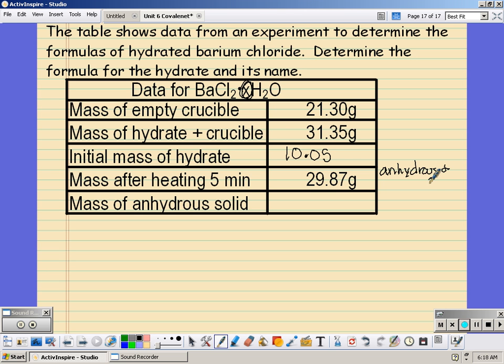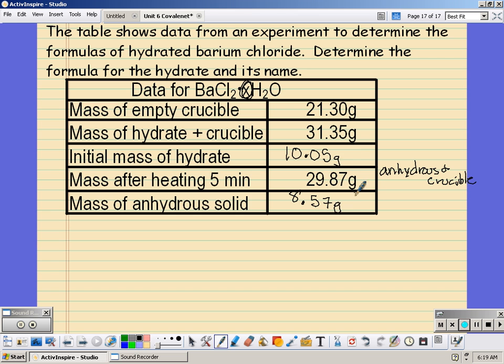So if we take the mass of the anhydrous and the crucible, and subtract out the mass of just the crucible, then we know that the mass of the anhydrous is 8.57 grams. So we have the mass of the hydrate and we have the mass of the anhydrous.